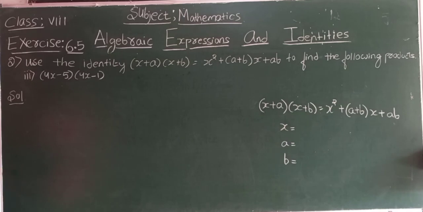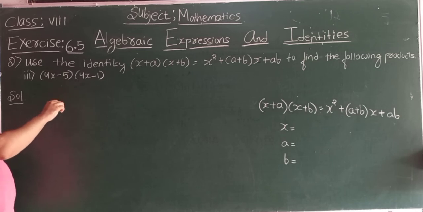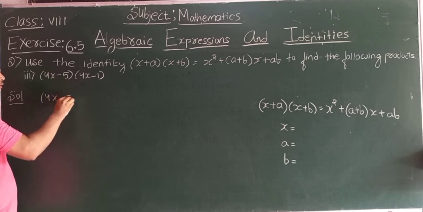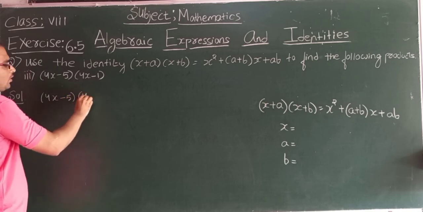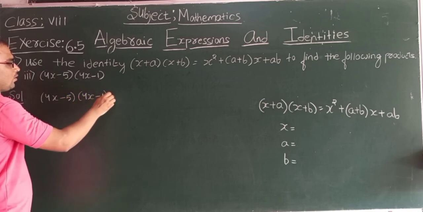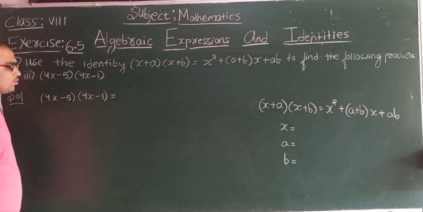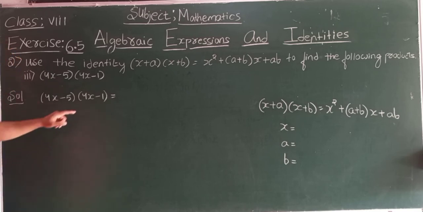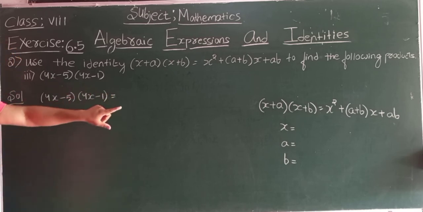So what is given? (4x minus 5) into (4x minus 1). This is also of the form (x plus a) into (x plus b). So write it once again: (4x minus 5) into (4x minus 1) equals. Now look here students, compute this with the formula.